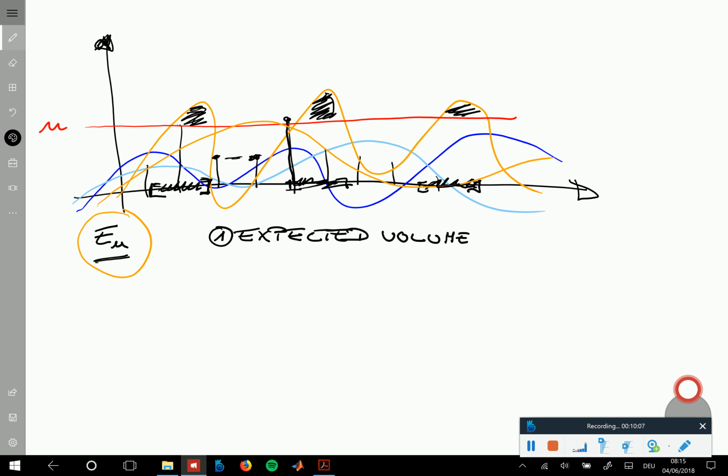Then we will talk about the expected number of local maxima. So here, for example, for this orange thing, you see that there are 3 local maxima. There's one, there's another one, and there's the third one over this space.